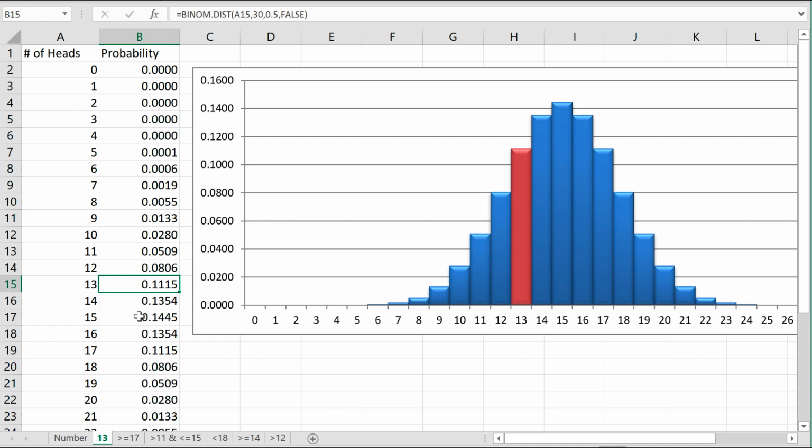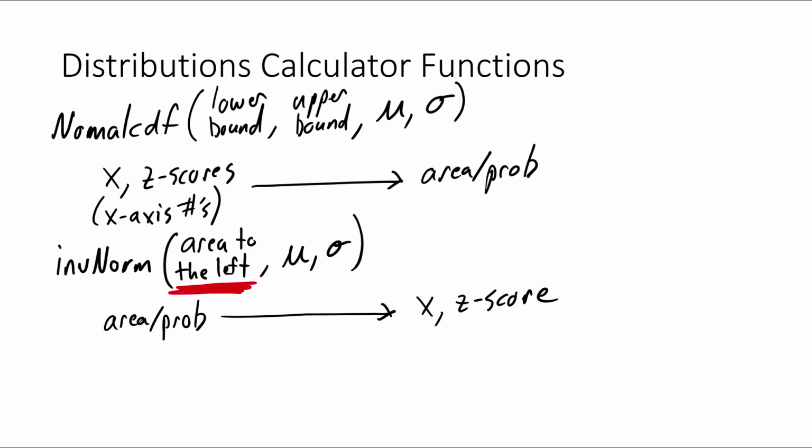All right, so hopefully you have your distributions calculator functions from our last video. We're going to continue working on those, so if you don't have those, pause this video, go grab your notebook, and if you didn't write those down the first time, go ahead and pause the video and write these down now. These were our two functions from the normal distribution. We're going to have two more functions for the binomial distribution. So let's go ahead and write out the first one of those.